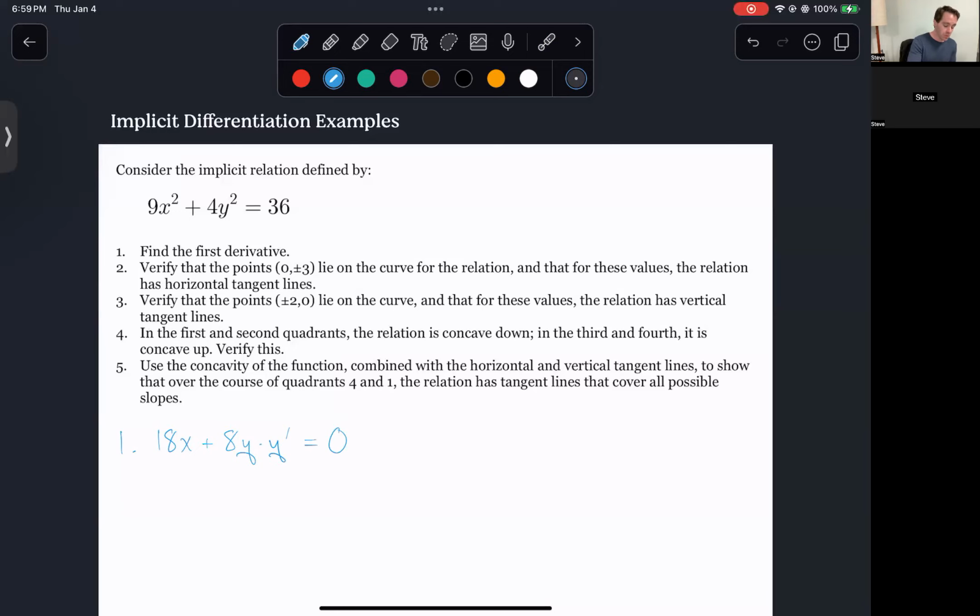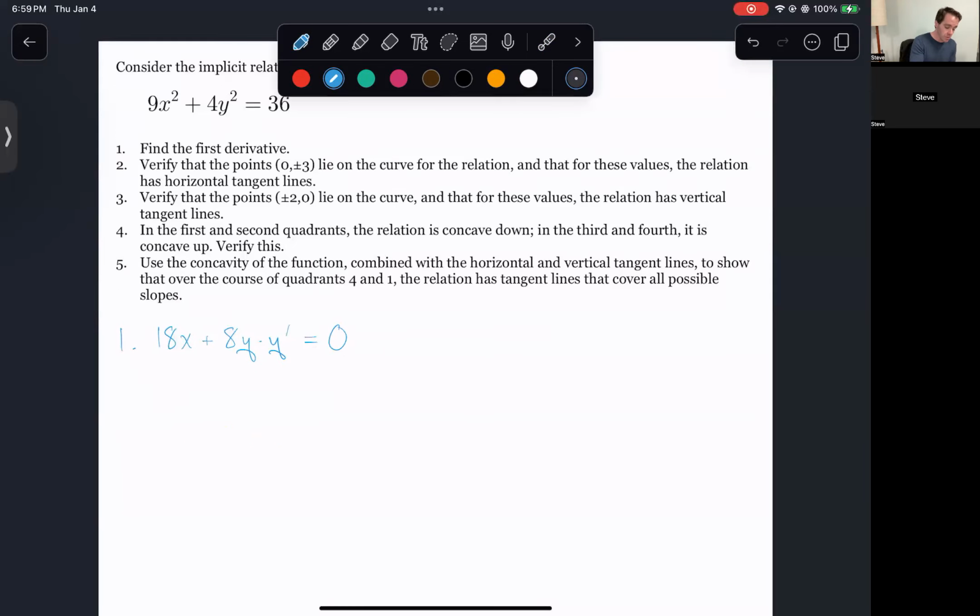The task now is to isolate the y prime. So we need to isolate that, get it by itself. We'll begin by moving the 18x to the other side. If you're in a calculus class, it means you can do algebra quickly, so I'm going to move fast here. Now, y prime is negative 18x over 8y.